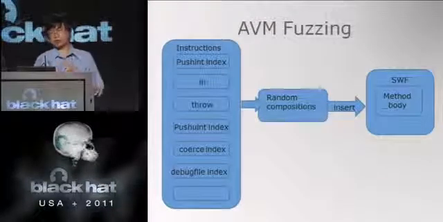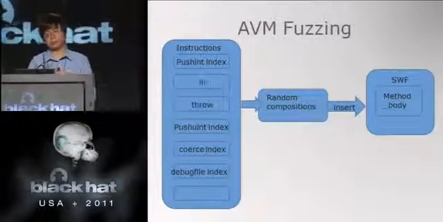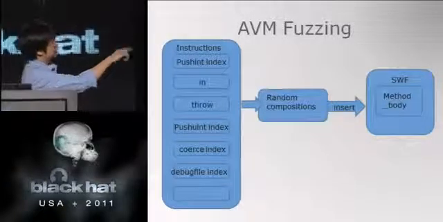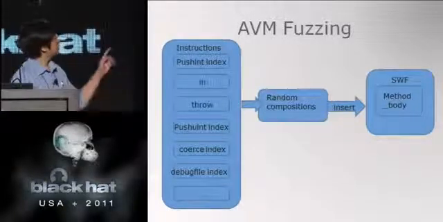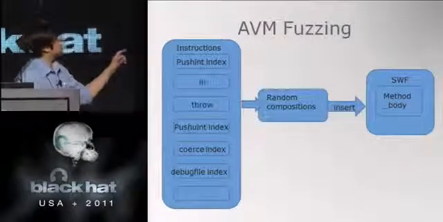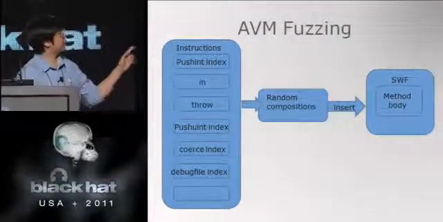Here is the picture. It shows we try each instruction with random compositions. On the right-hand side is the Flash file, and we insert a random composition of AVM instructions into the method body area of the Flash file.